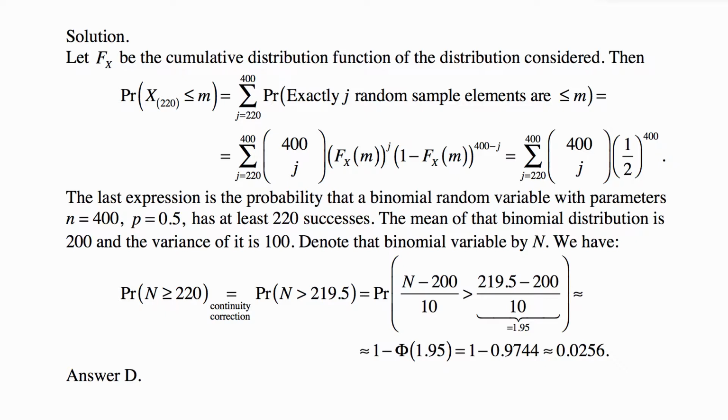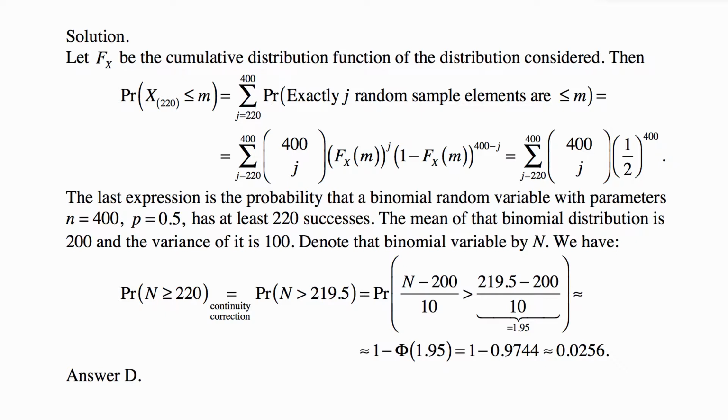Now let's take a look again at this method of solution. Notice that we are starting from X(220) being less than or equal to m. What does this mean? It doesn't mean that exactly 220 pieces of the random sample are less than or equal to m. It means that the 220th order statistic is less than or equal to m. But it's entirely possible that the later ones could also be less than or equal to m.